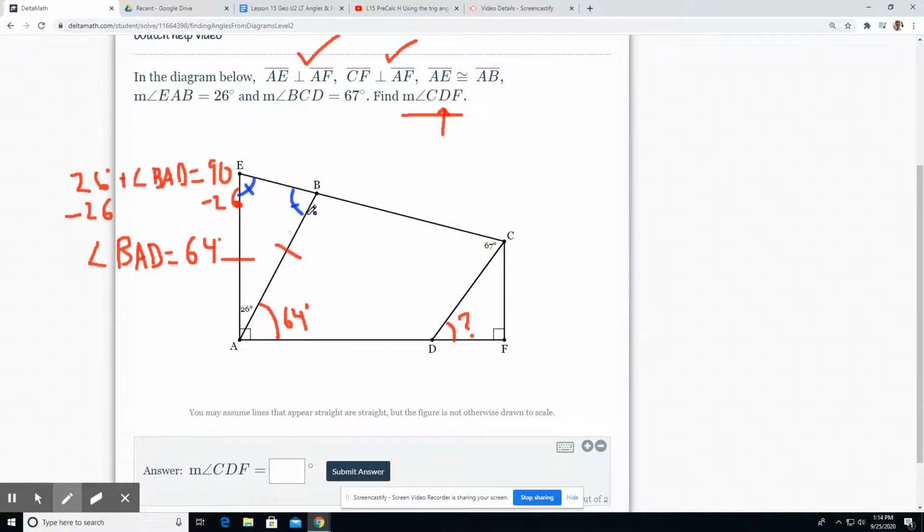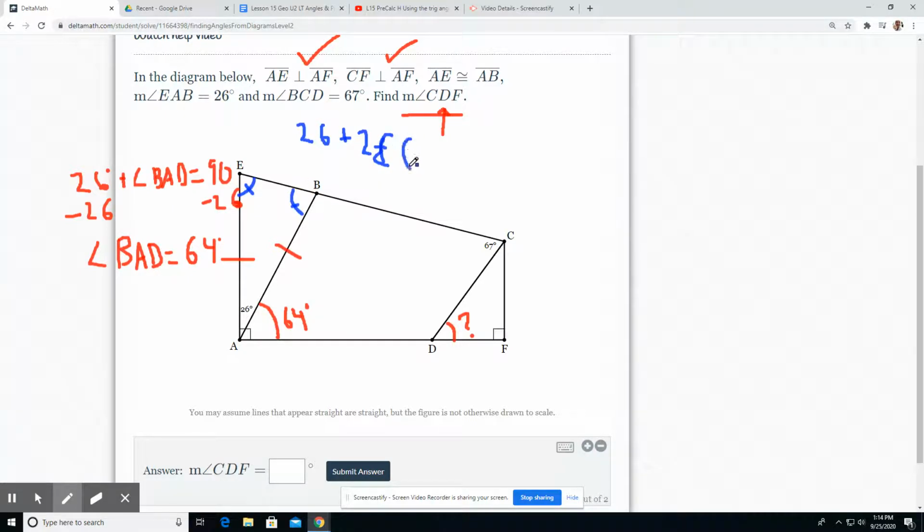So if the sides match, the angles match. All the angles of a triangle have to total 180. So that means this 26 down here plus 2 of the, I'll just call it that one hashtag angle right there.